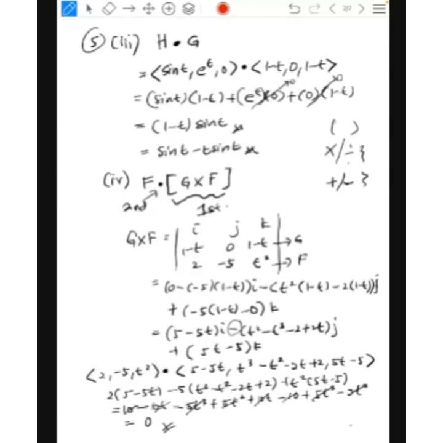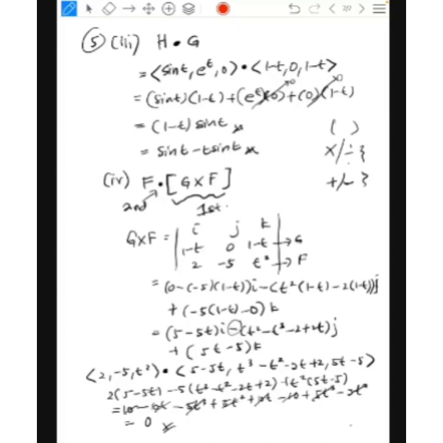Okay, let me find the question first. Okay, so 2.2 we have 12 questions altogether. Basically question number 1 until question number 5, it's a similar question. Sketch the parametric curve, only a different parametric curve.